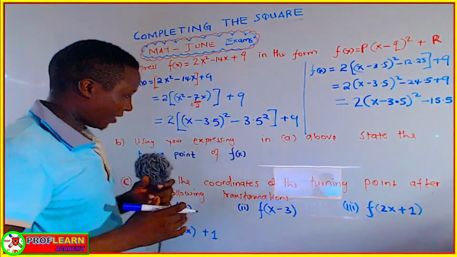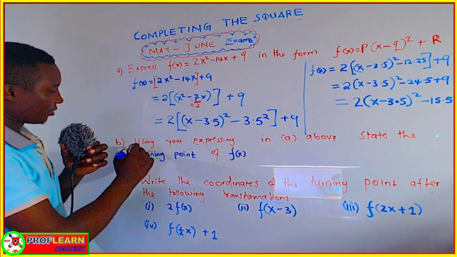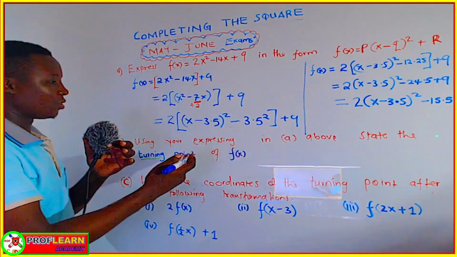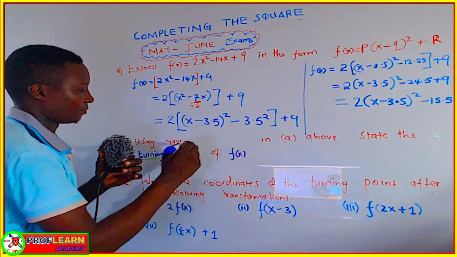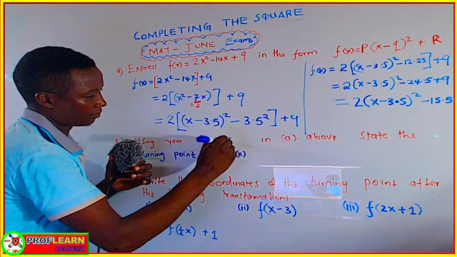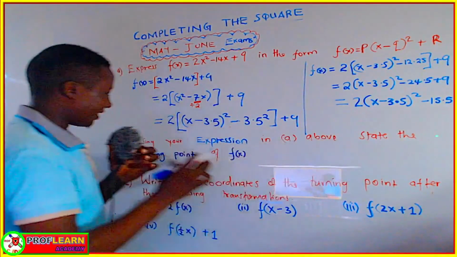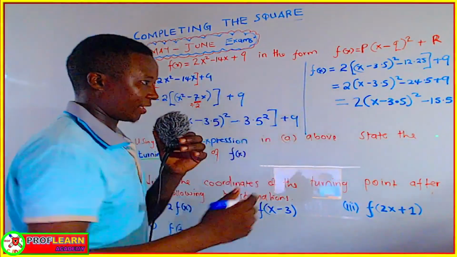Now once you've answered that part, the next question, B, is: using your expression in A above, state the turning point of this f of x.